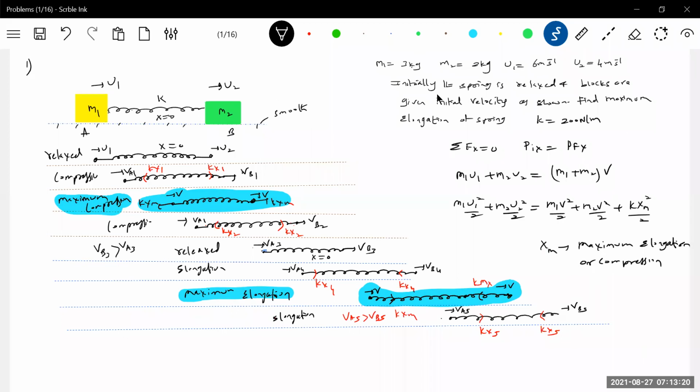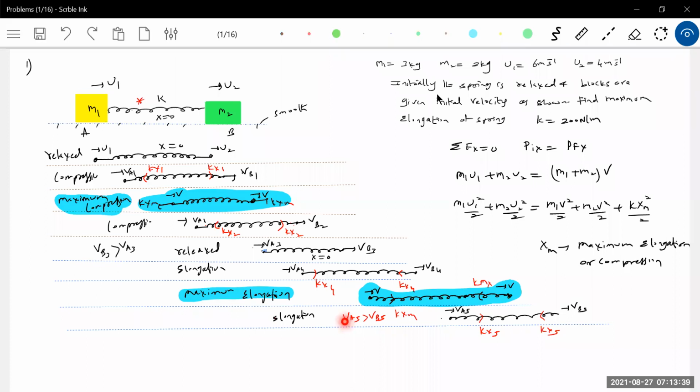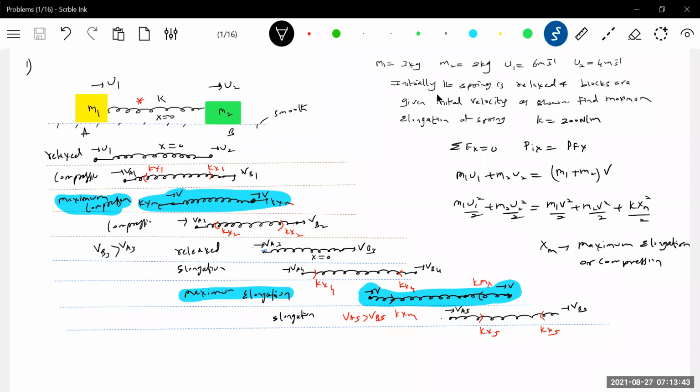Now what about the velocity of center of mass? Center of mass 3 kg, this is 2 kg. So center of mass will lie near to this. Anything will happen to center of mass, it will continue to move with a common velocity. Because what is the net force acting on system? Will be 0. Center of mass, initially it was having velocity, it will continue to move with the same common velocity.